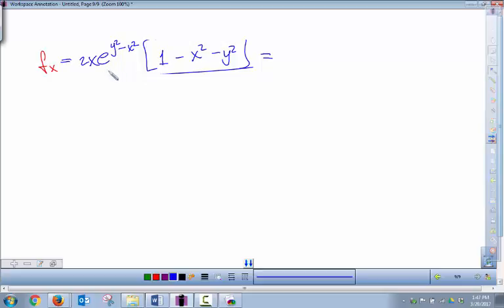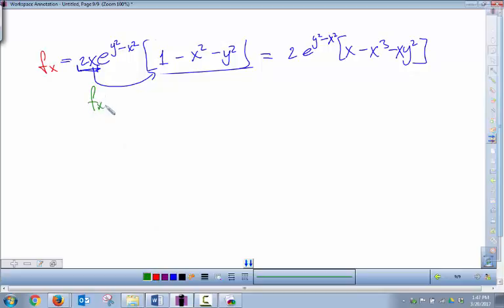I'm going to need to take the derivative of this with respect to x and with respect to y. So I'm going to multiply this. I can leave that 2 out there. Let me just distribute the x. X minus x cubed minus y squared x, or xy squared. So this will help me find fxx and fxy.